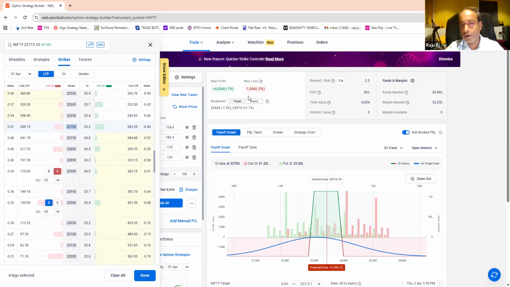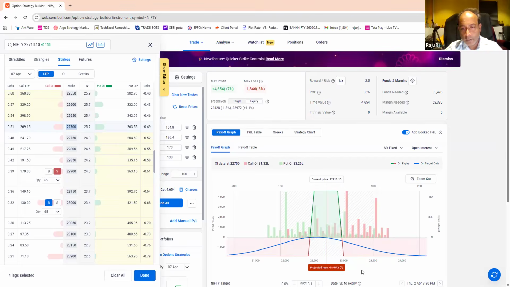In this iron condor the maximum loss is only 18%, the risk to reward is 2.3, and the amount is 62,000. If you create this on a weekly expiry and the Nifty closes between 22,428 and 22,970, you'll make a very good profit of 7%.